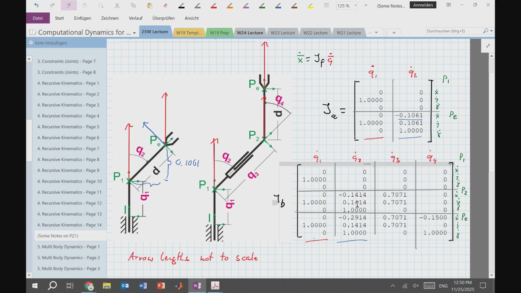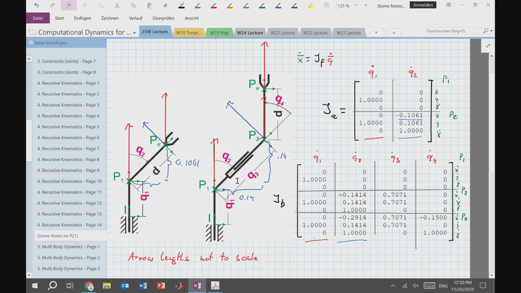P2 is moving similar to how PE moved before, with a slightly longer arrow, because we have here a longer lever arm, right? So this distance I think is now 0.2. Sorry, the length is 0.2, but this distance would then be this 0.14, and here the same 0.14.